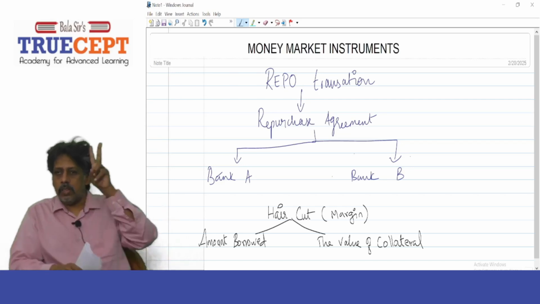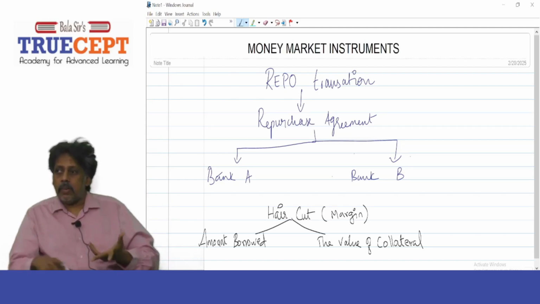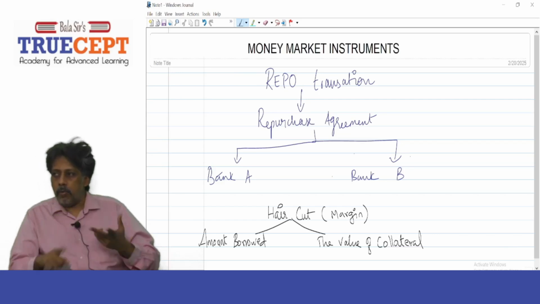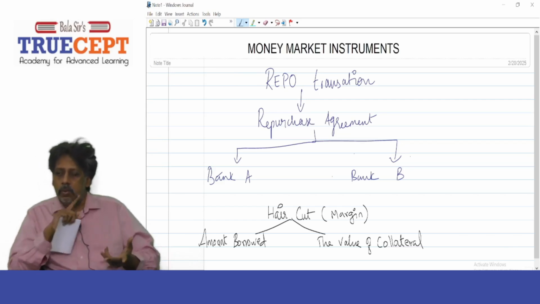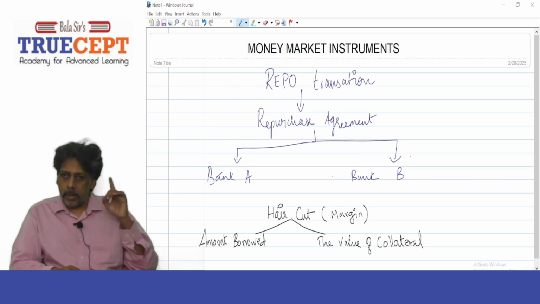The 2,000 is to safeguard banker B, in case bank A makes a default, the 2,000 will protect the banker giving the loan, that is bank B.